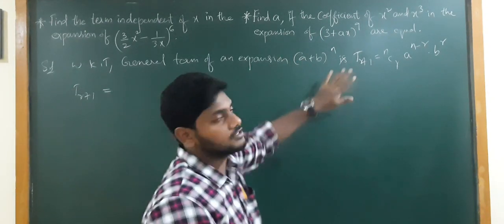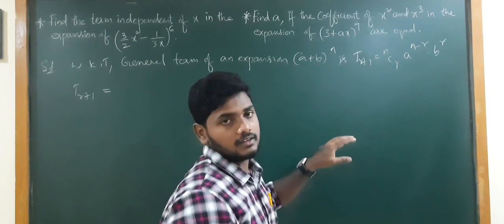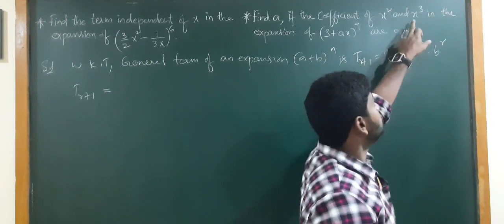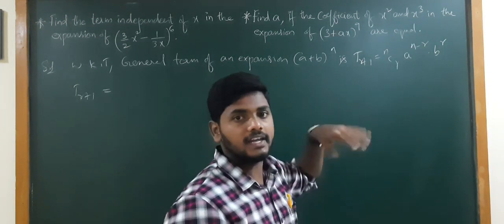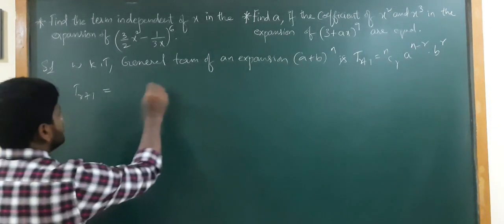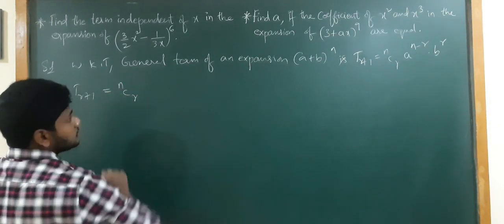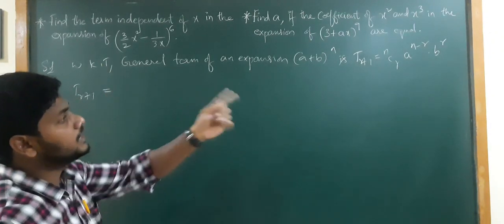the quotient of x square and x cube. First of all, we need to find that term in which x square is there, and again we need to find that term in which x cube is there. If x square is there, that quotient we will take. And again in the other term, if x cube is there, that quotient also we will take. Now in the general formula we will substitute the n value, a value and b value.